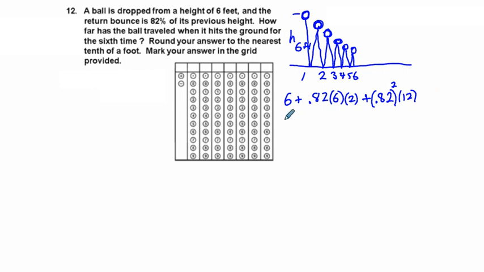And I'm going to come down below and write 0.82 to the third power times 12. And that'll be our fourth bounce. And then 0.82 to the fourth power times 12. That gets us to our fifth bounce, plus 0.82 to the fifth power times 12.